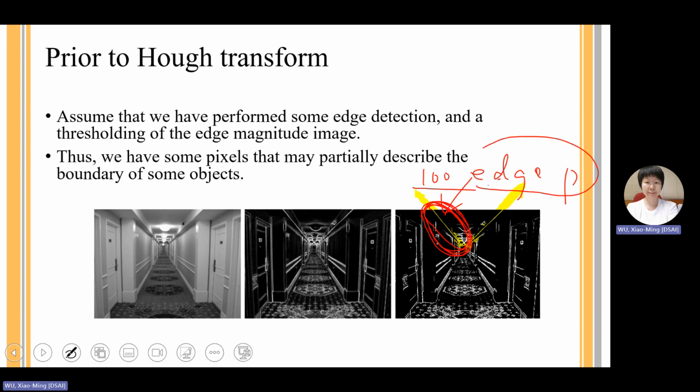If there are 100 edge pixels belonging to this line, and for example 80 pixels belonging to this line, or 120 pixels belonging to this line, then if we can identify for each line how many pixels belong to it, we can set a threshold, and we can select those lines which are represented by these pixels.